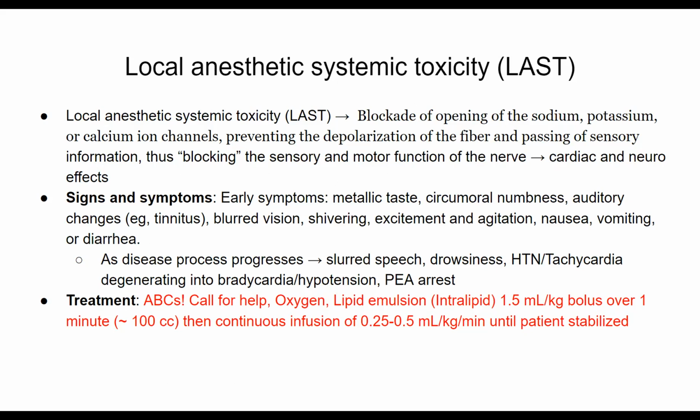And then that can degenerate into nausea, vomiting, and then ultimately the worst end of the neurologic spectrum, slurred speech, drowsiness, and then towards more toxic levels, you start to get the cardiac involvement. Initially you'll see some high blood pressure and fast heart rate as the conduction is abnormal. But then that degenerates into slow heart rate and low blood pressure, and then ultimately PEA arrest if it's a high dose and not treated.